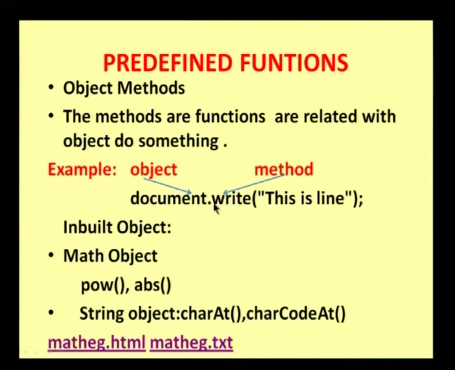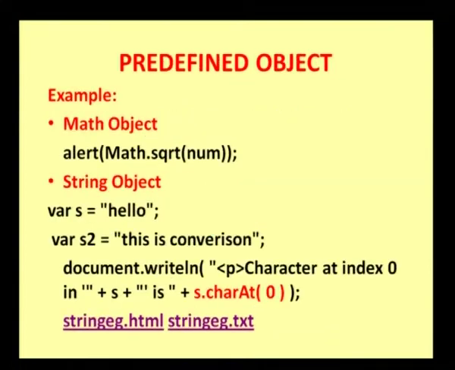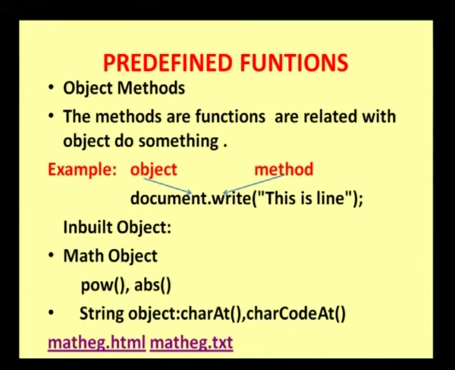We can have this type of objects and methods as built-in functions. We have several types of built-in objects or functions. We have math objects, string objects, and next the date object. Likewise, we have several objects available in JavaScript. The first one is the math object. This object contains some built-in functions to perform mathematical operations.